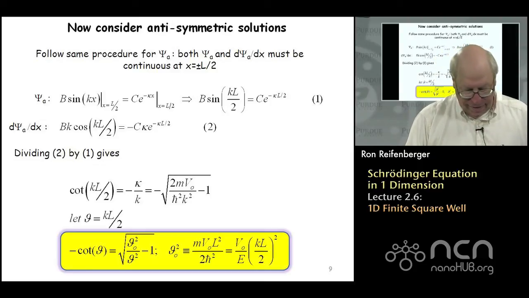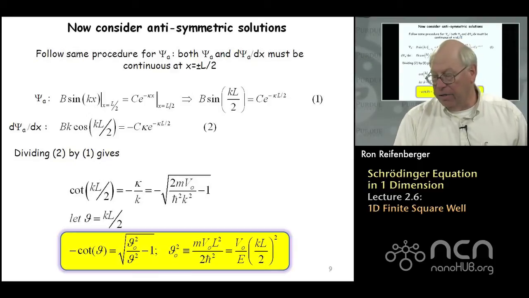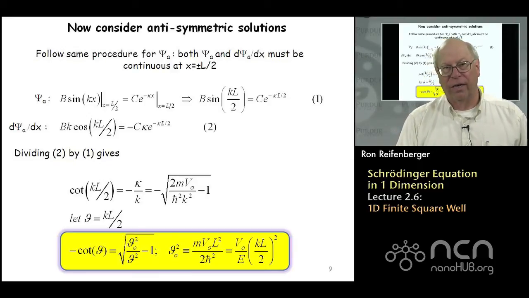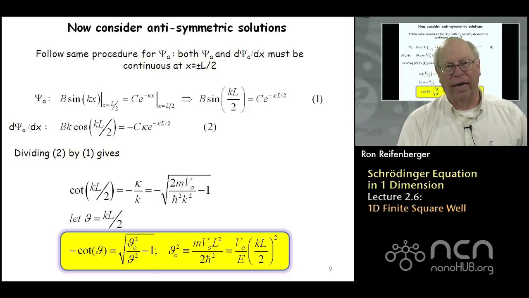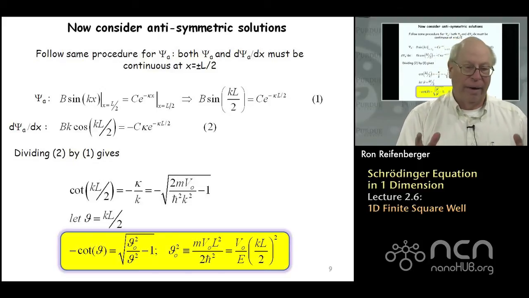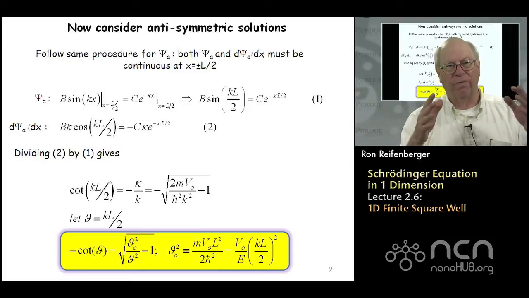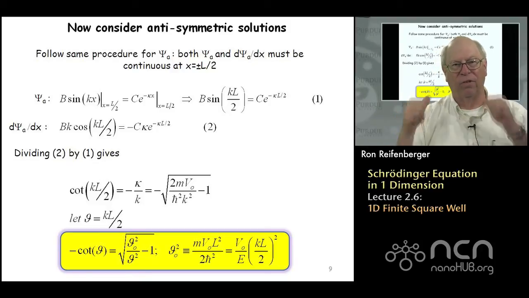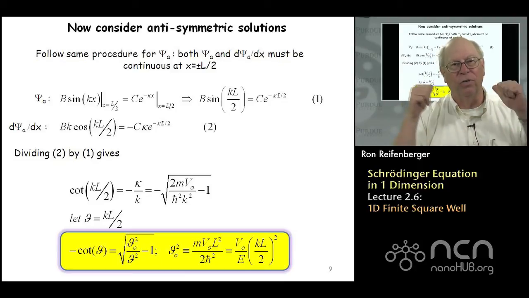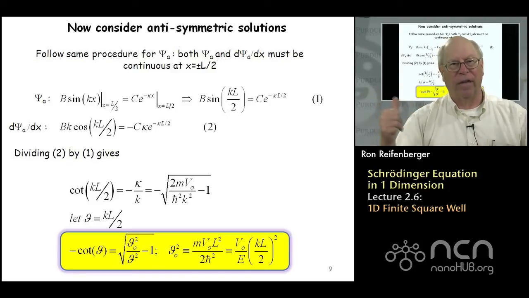So the trick now is to solve these transcendental equations for theta. Once we have solutions for theta, well, let me back up. What we have to first do is specify theta 0. That's determined by the shape of the well. Once we specify theta 0, then we have to solve these two transcendental equations for theta.